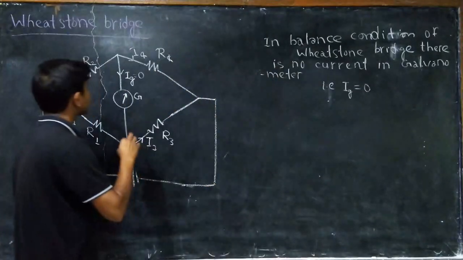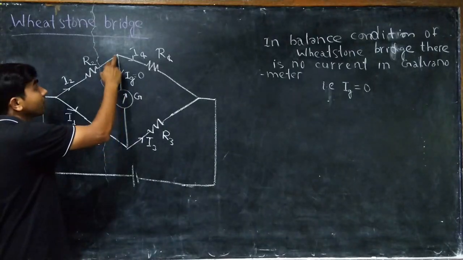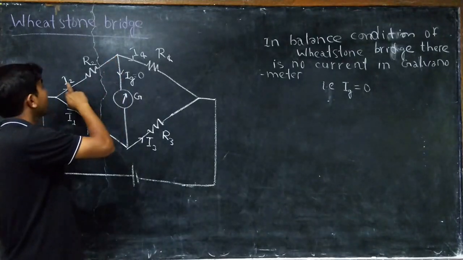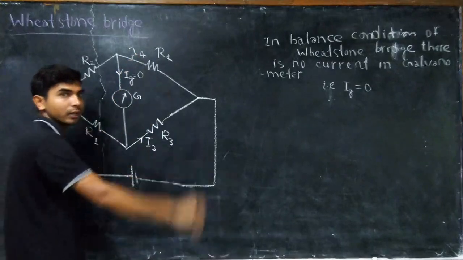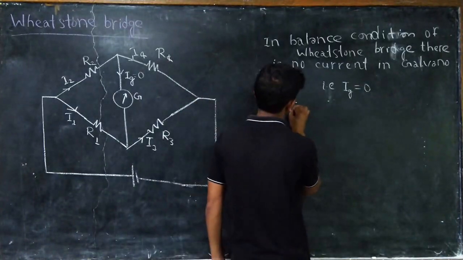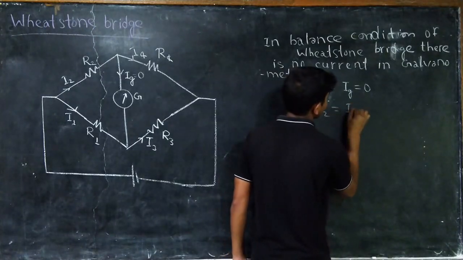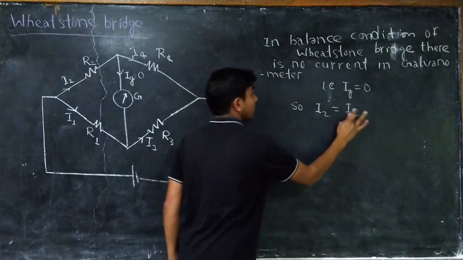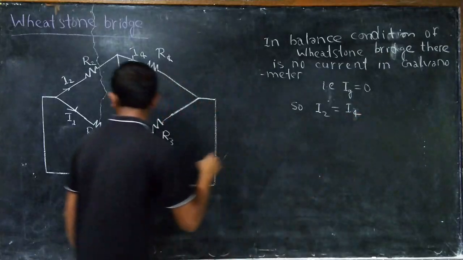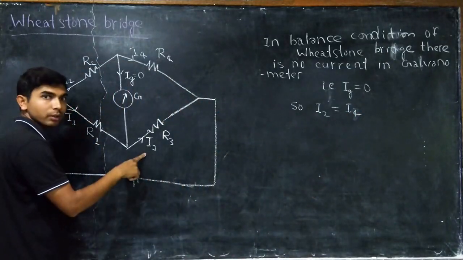Now you are able to see that if IC is 0, that means I2 is equal to I4, and similarly I1 is equal to I3.